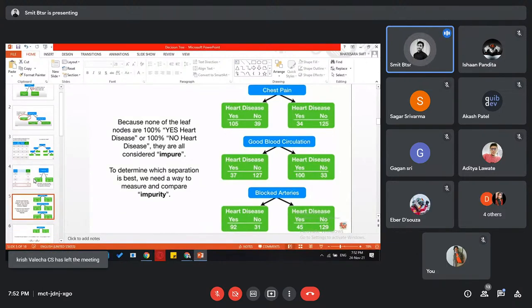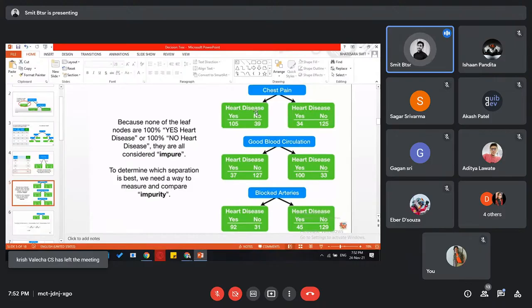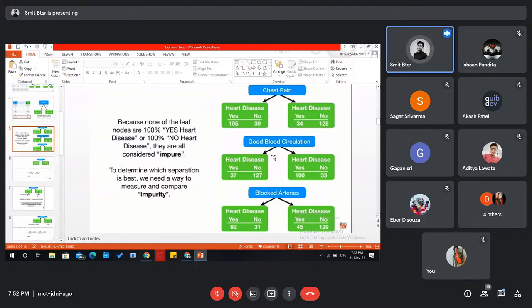There is a way of calculating the relationship between heart disease and chest pain, and all these 3 attributes with heart disease. So we will find the relationship of all those 3 with heart disease, and then we will decide which question to ask first, which one is more pure, which one is more relatable to heart disease. We will ask that question first, because that one is more important.